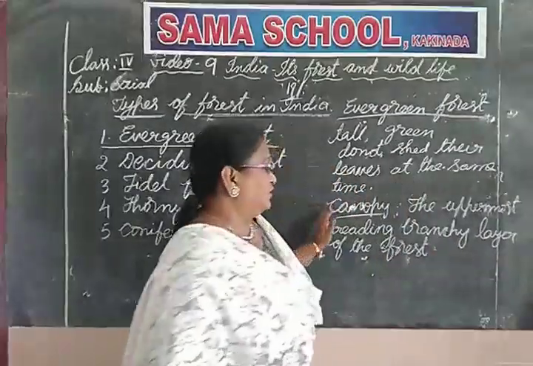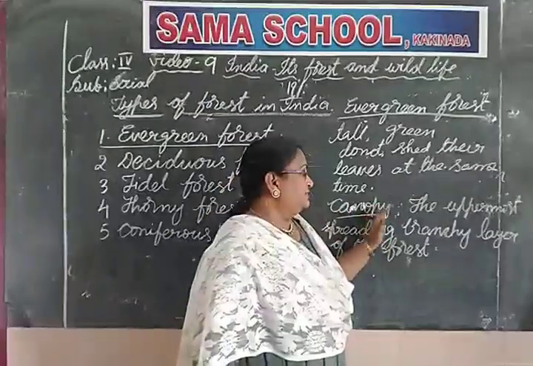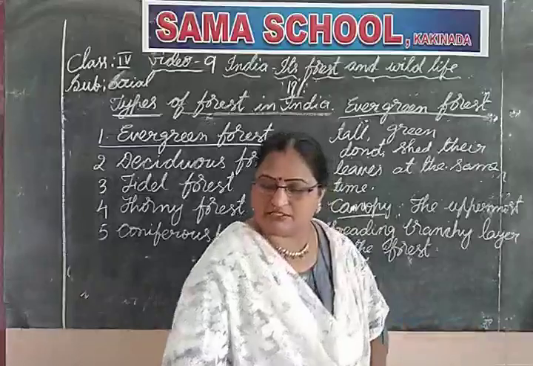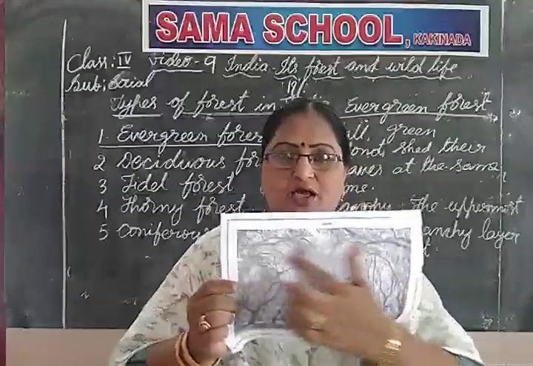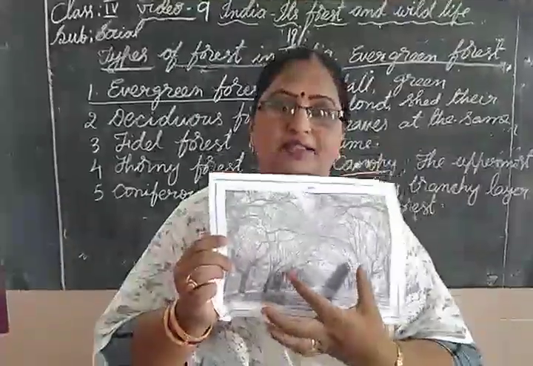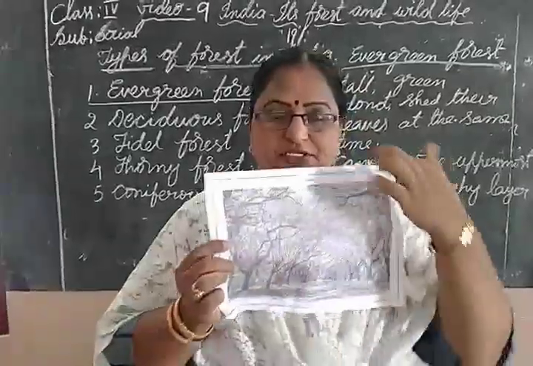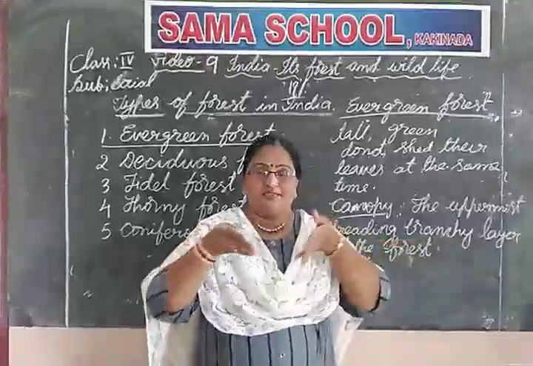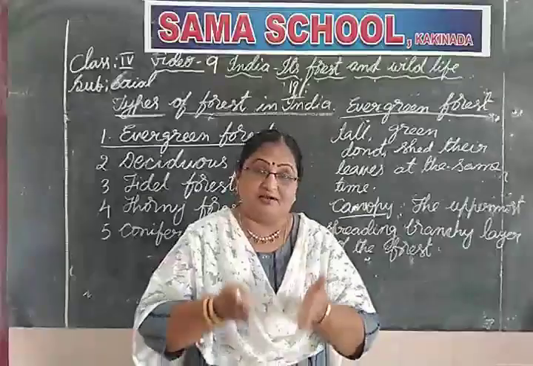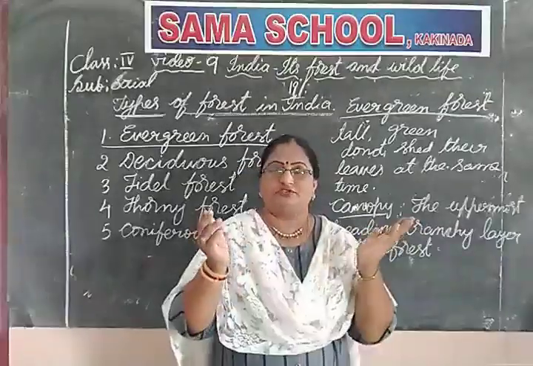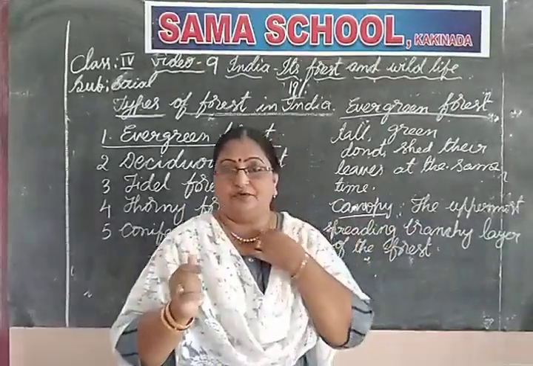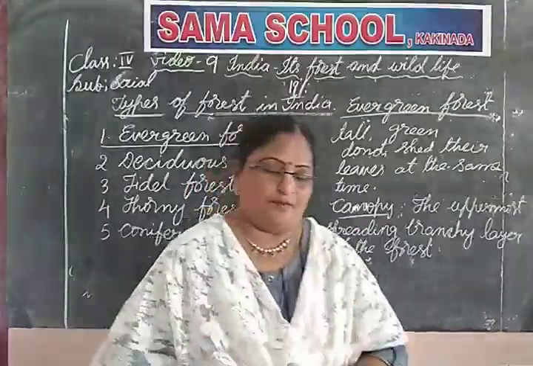This is called the canopy. What is meant by canopy? The uppermost spreading branchy layer of the forest. You can see I have already shown you. On a path line also, the trees on both sides form like an arch. When you are walking in the middle of that pathway, it looks so beautiful.